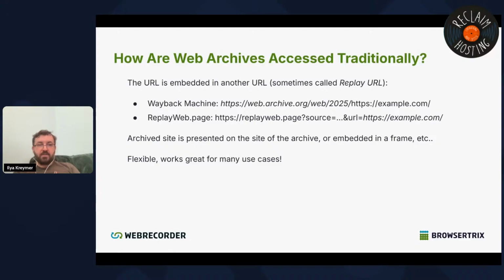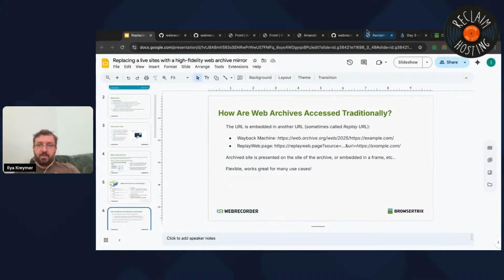Now I'll talk a little bit about how web archives are traditionally accessed. You're probably all familiar with the Wayback Machine, where typically the actual archive is loaded at web.archive.org/timestamp/ the URL. ReplayWeb.page has a similar access pattern: replayweb.page, then the source, and then the actual URL.